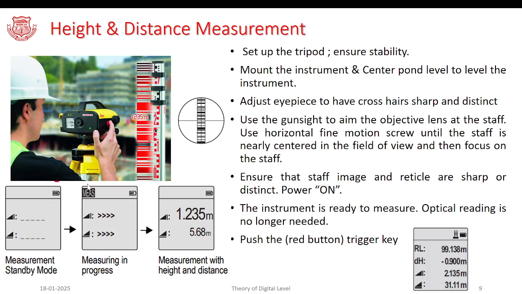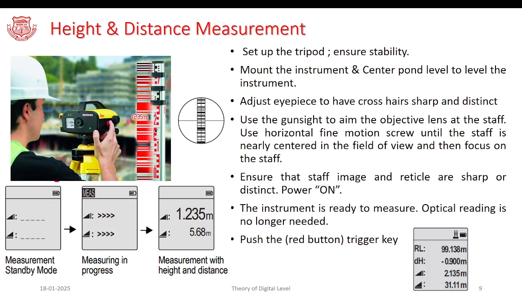The procedure that we follow is very similar to our conventional method. Initially, we'll be setting the equipment at our convenient position. You know what provisions we make in order to ensure the stability of the equipment. We'll be leveling the equipment. Centering is not required.